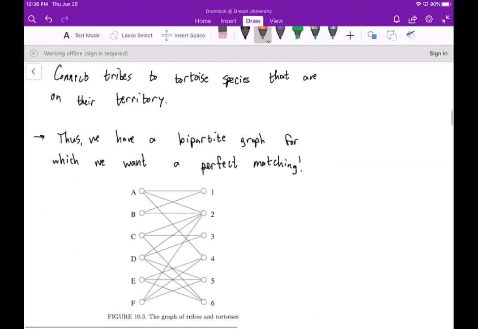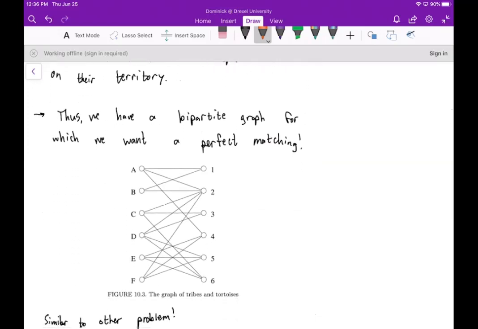So we have a bipartite graph, and we want to find that there's a perfect matching. So here's all of our tribes, and here's our tortoises, and we've connected tribes to tortoises if that species of tortoise is on that tribe's prescribed land.